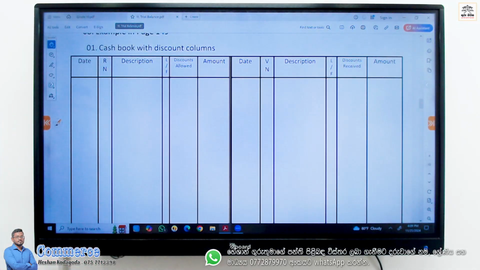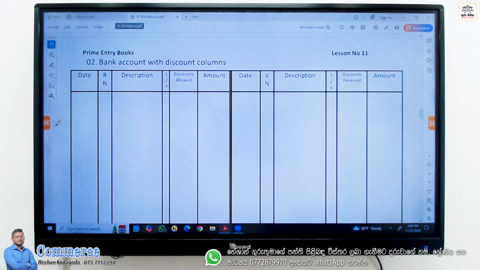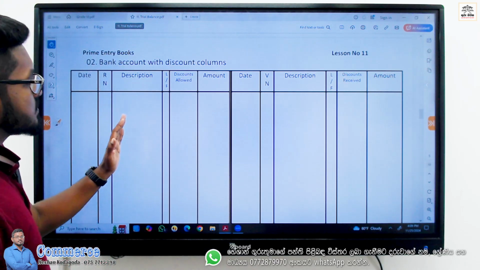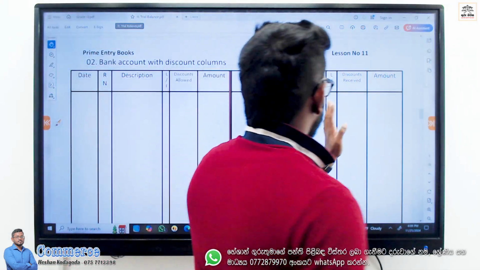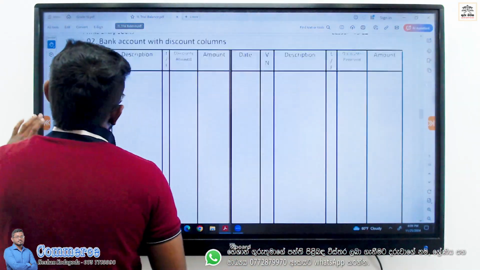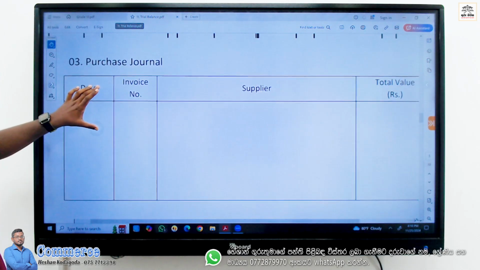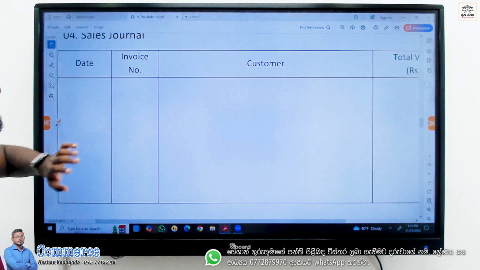Then the bank account with discounts column, the same thing. Then the purchase journal and the sales journal you can see here.